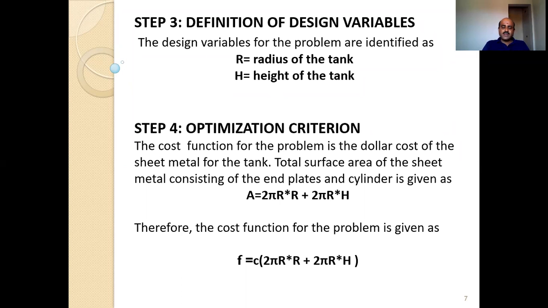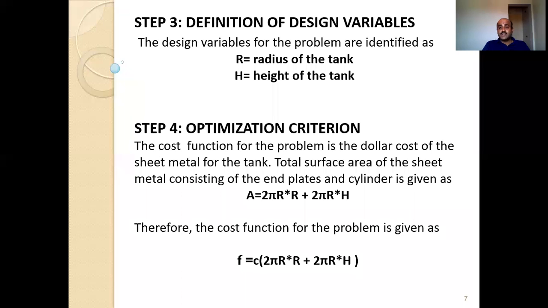Anything you can solve either with a diameter or with a radius, it is not an issue for us. But I wanted to show different ways in which you can approach and formulate problems. Either radius or diameter does not matter for the solution. The only thing is you should learn how to take different ways of defining design variables.